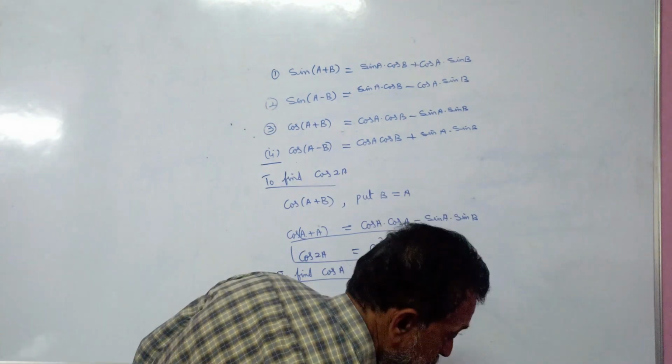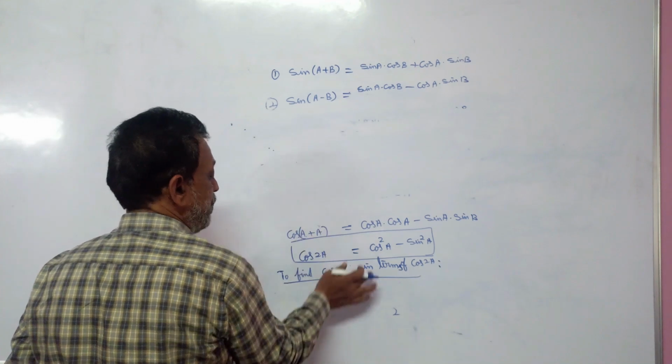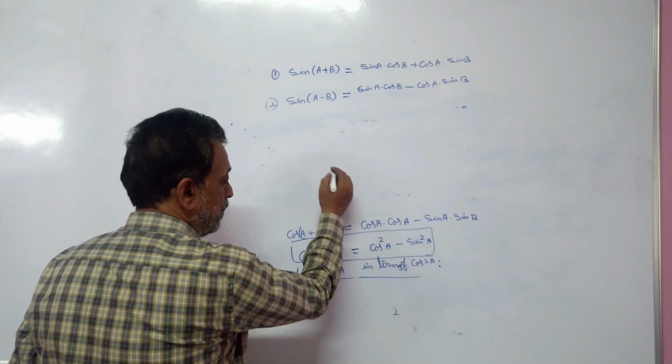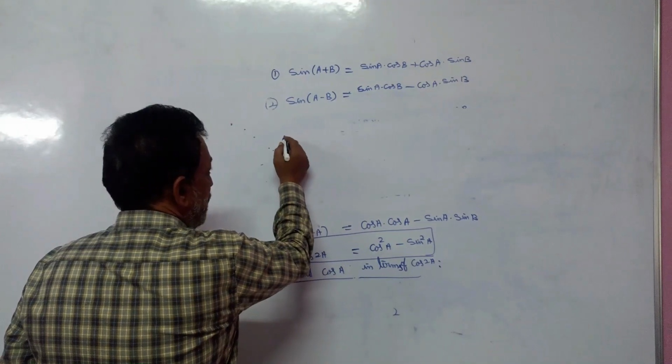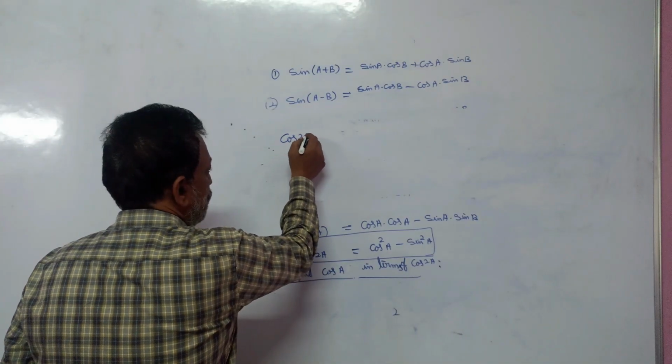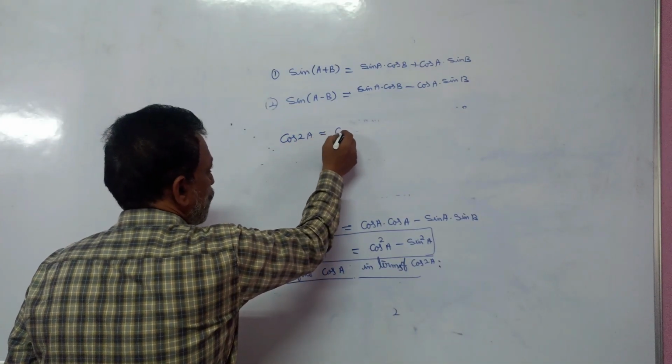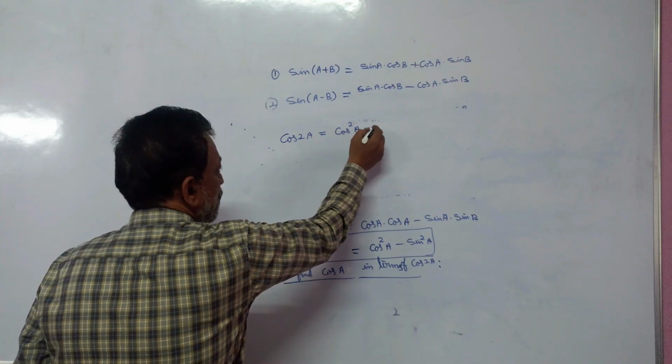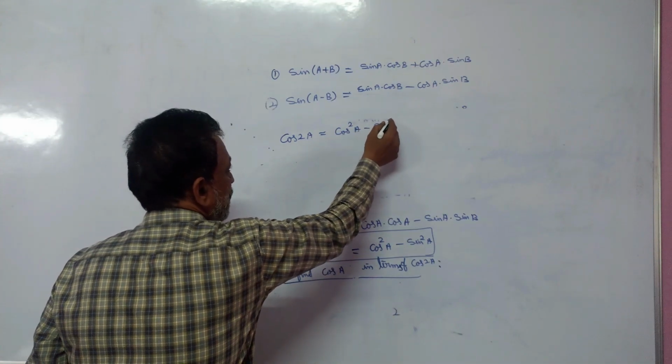So from this I want to find cos A in terms of cos B. Now what is the cos A? Cos 2A is equal to cos square A minus sin square A.